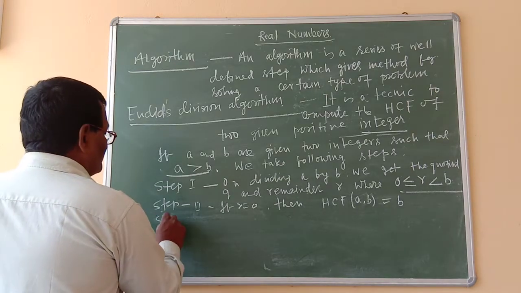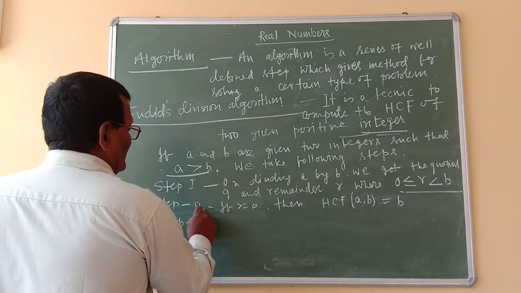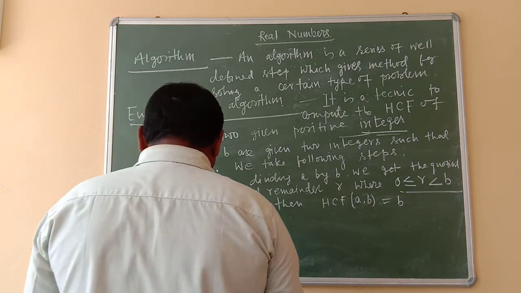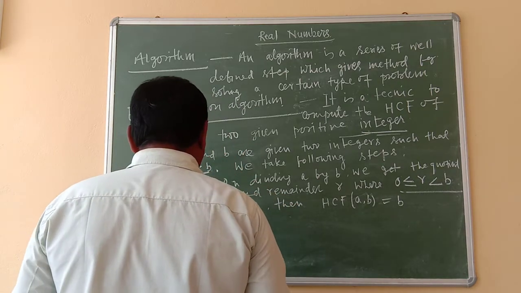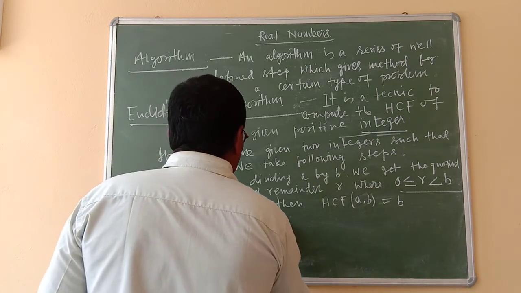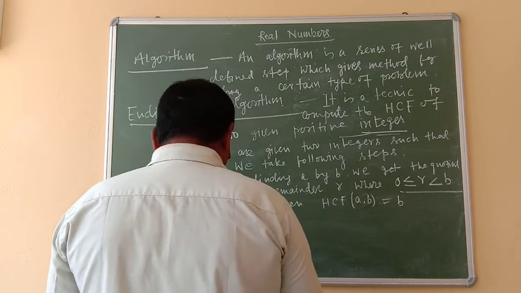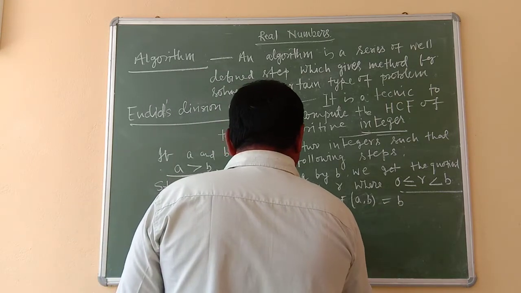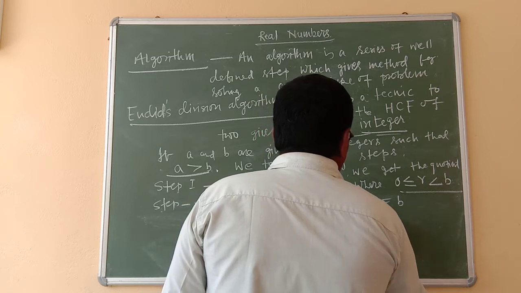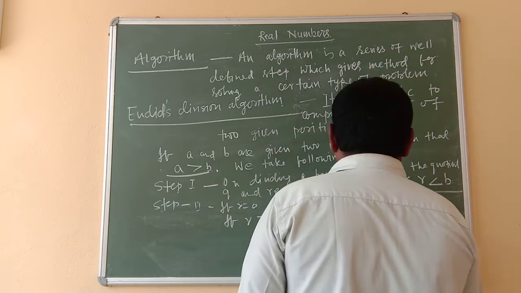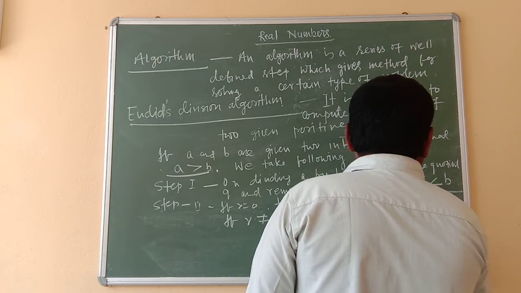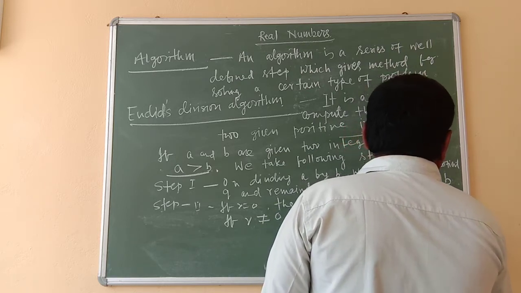Step 3: if r is not equal to 0, then apply the Euclid division lemma.